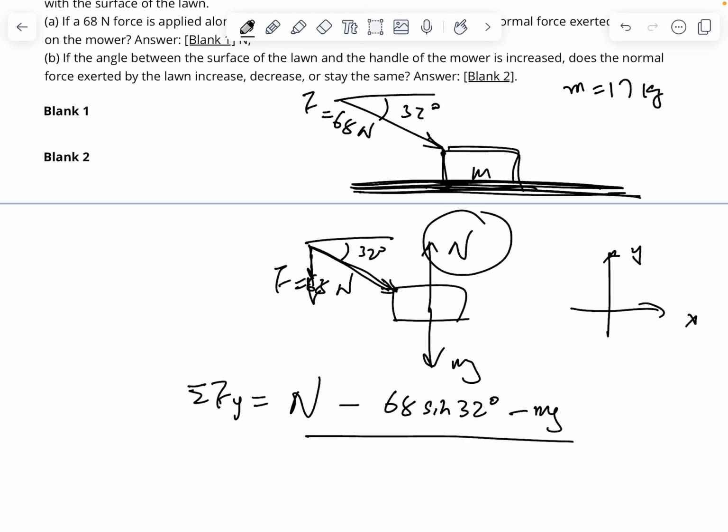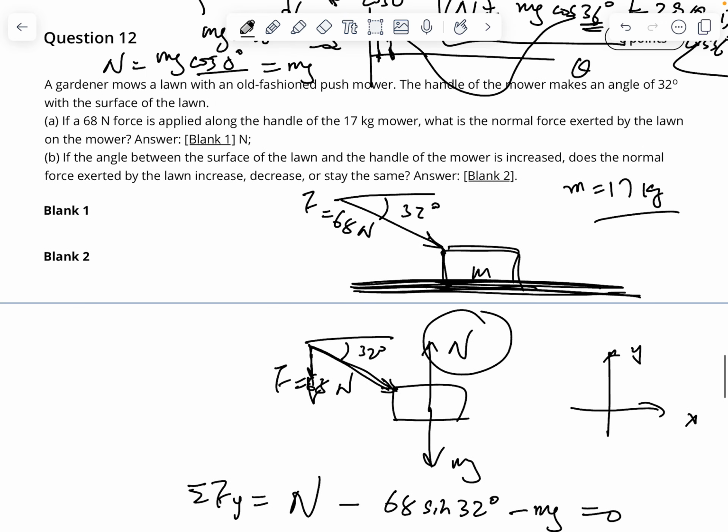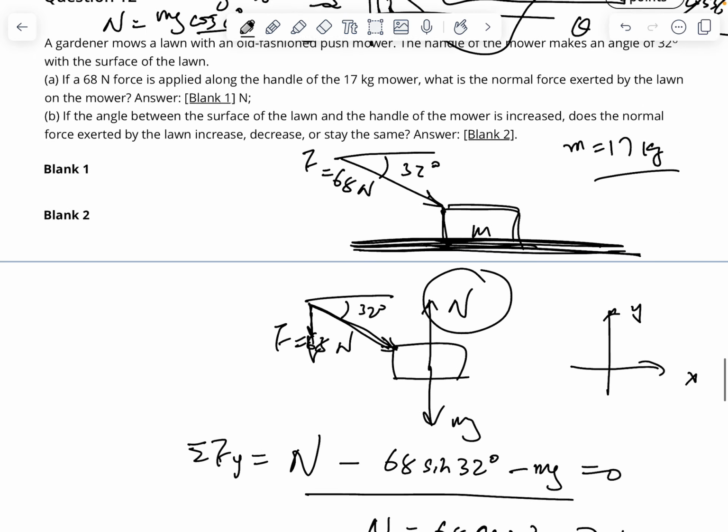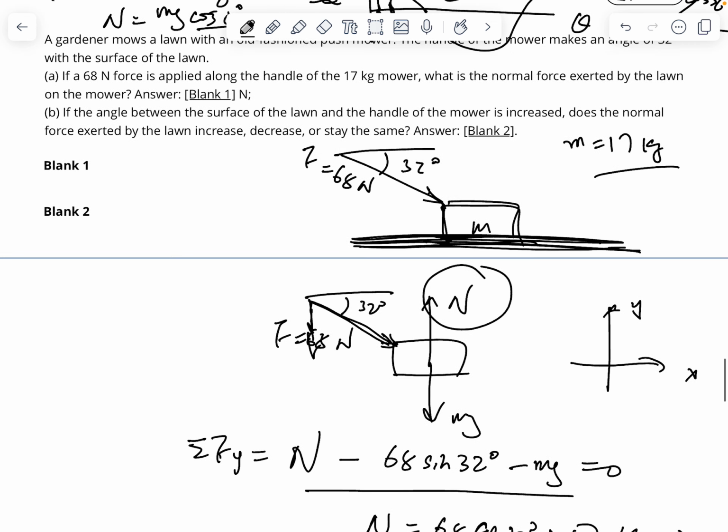That's all the forces in the y direction. This is equal to 0, ma is 0, right? So normal force equal to 68 sine 32 plus mg. m is 17, g 9.81. Okay, so that's the normal force.